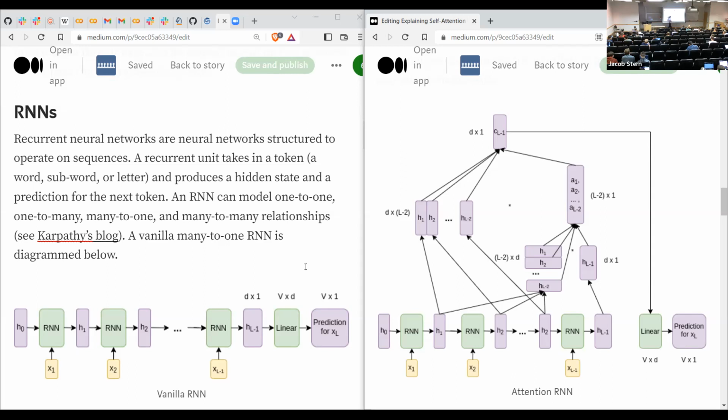Let's see if we can understand what's happening here in the top of the attention RNN. First of all, here we have lines going from each of our H's into a matrix that is D by L-2. So this matrix on the left is just storing our hidden layers at each step.